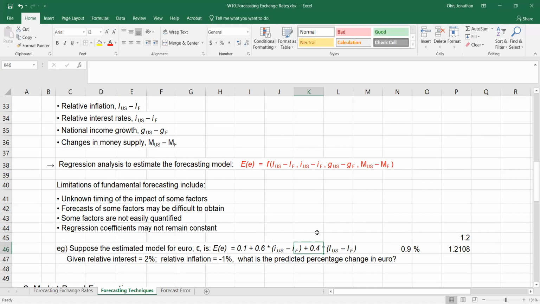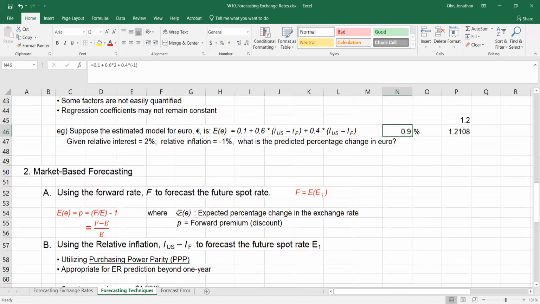But these numbers, this estimated coefficient, may not be stable over time. If they are not very stable, then this predicted value, 0.9%, might not be very acceptable sometimes. Okay, so that's the limitation for this one here.